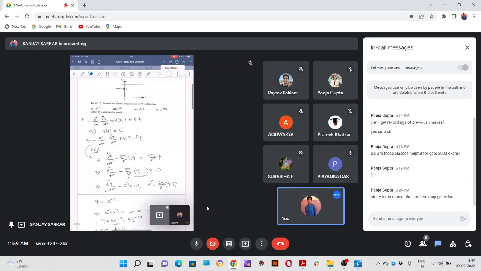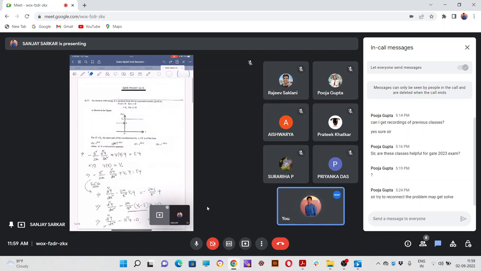So the problem is that an electron with energy E is incident from the left on a potential barrier given by this potential barrier, which is depicted in the figure. What is asked in the question is to find out the space part of the wave function for x greater than 0.